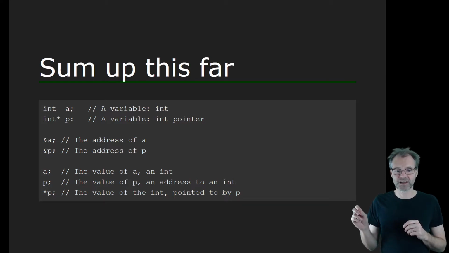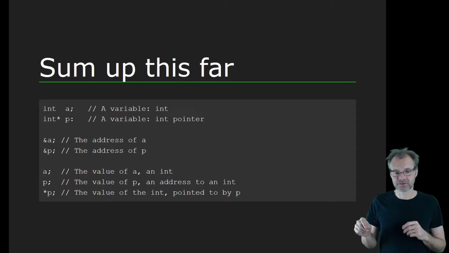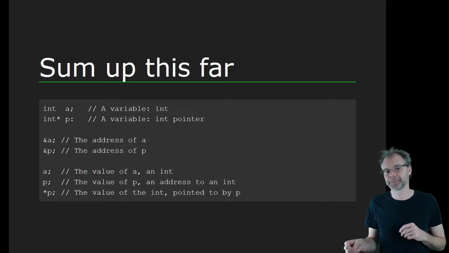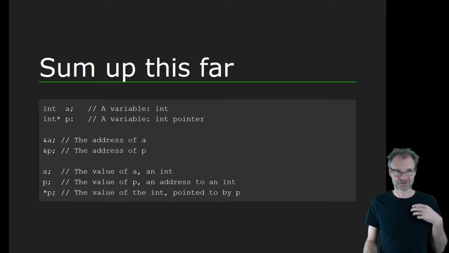P, that was a value of p, so it was an address to an integer. And when we do star p, that is the value of the integer pointed to by p. It's good to get the terminology up and running, so it's easier to think in your mind when you're using these words. They might help you to organize what's actually happening here.